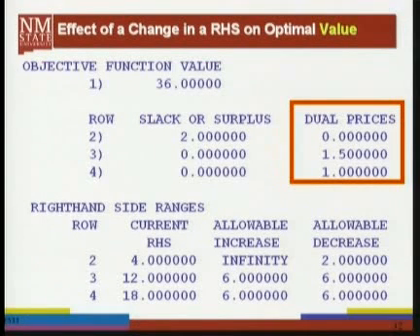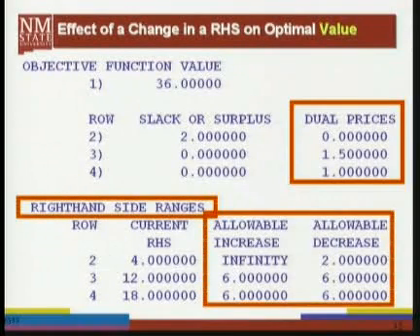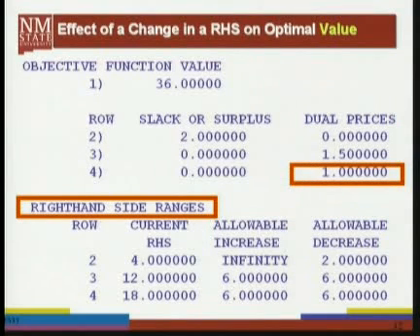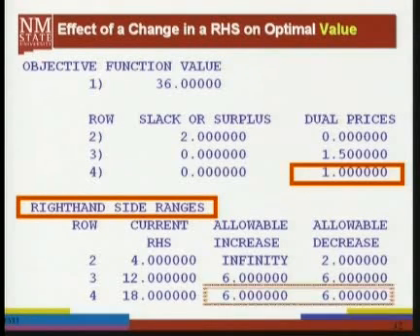Okay, so in summary, the value of the dual price is valid only if the corresponding right-hand side value is within the allowable ranges. Okay? And for the dual price of 1 for the last constraint, for example, this value of 1 is valid only if the right-hand side value of the last constraint is changed within these allowable ranges.